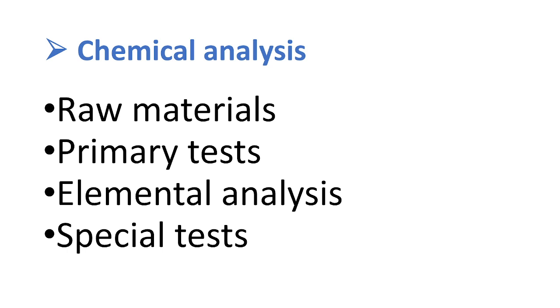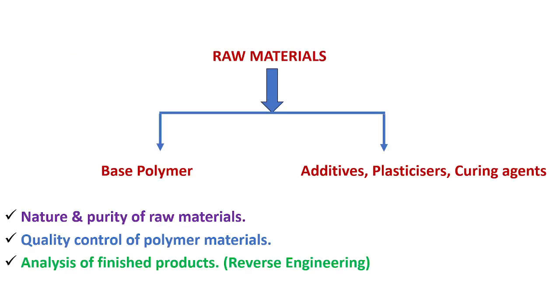Under this broad spectrum of chemical analysis, there are different subcategories like raw materials, primary or preliminary tests you have to do before using those raw materials to process or compound your polymer, then elemental analysis and other special tests for specific polymers or specific chemicals.